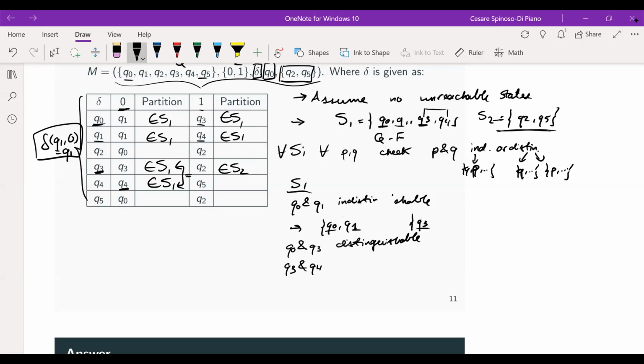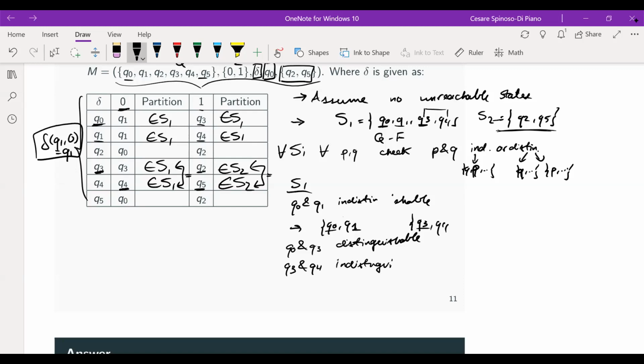Then for the symbol 1, when Q3 sees a 1, it goes to Q2, which is part of partition S2, and when Q4 sees a 1, it goes to Q5, which is part of partition S2. So again, for the symbol 1, they go to the same partition. Because for 0 they're in the same partition, and for 1 they're in the same partition, Q3 and Q4 are indistinguishable. So that means Q3 and Q4 go together.